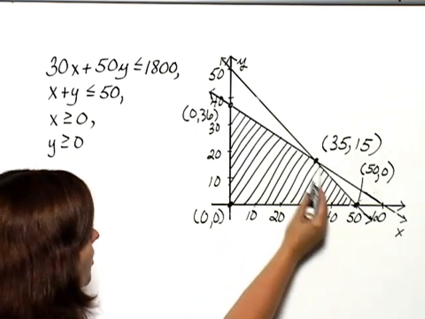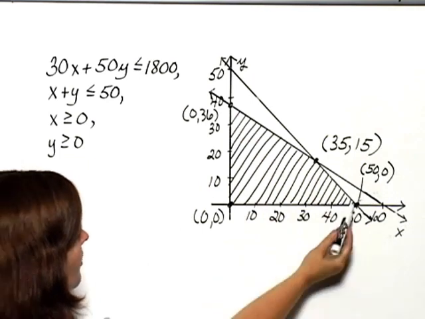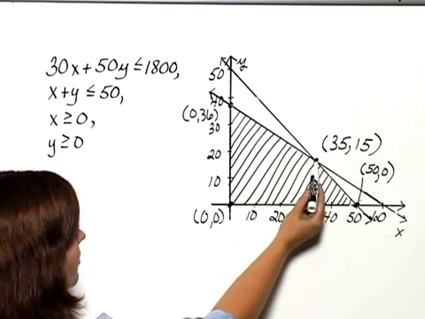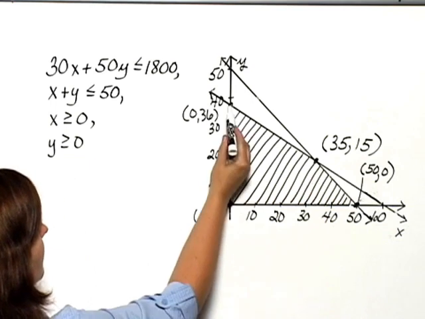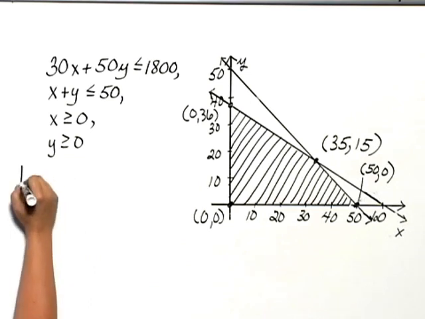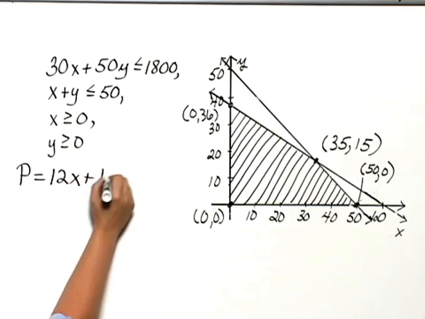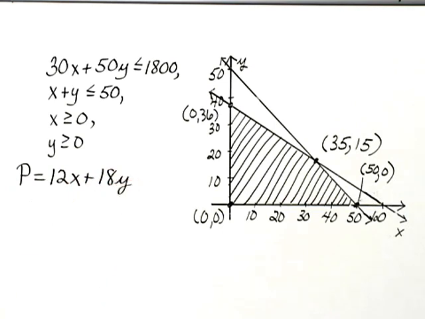And there are 4 that we find: (0, 0), (50, 0), (35, 15), and (0, 36). What we want to do is take that profit function P equals 12x plus 18y and evaluate it at each one of those vertices.